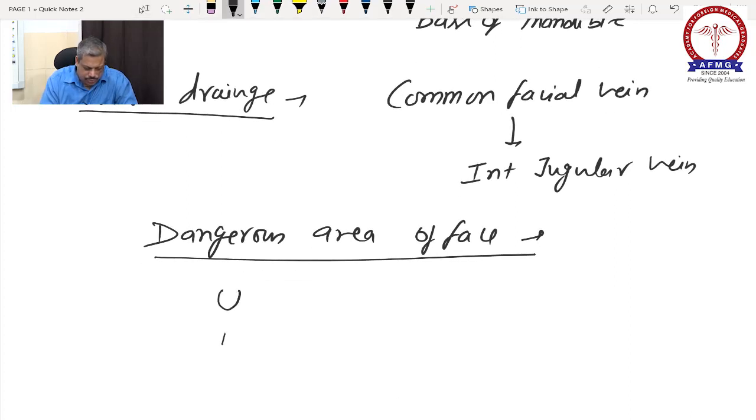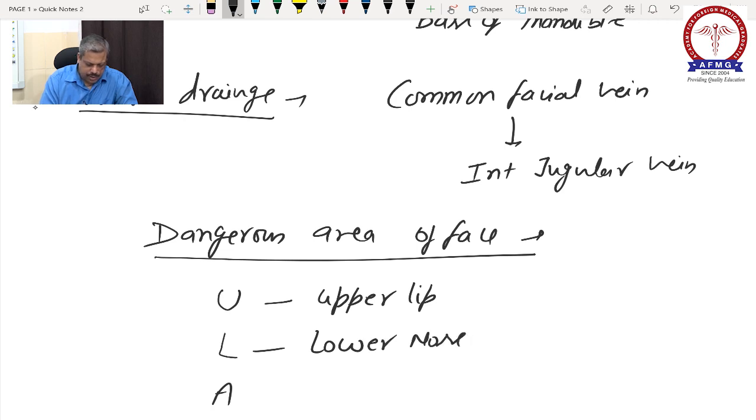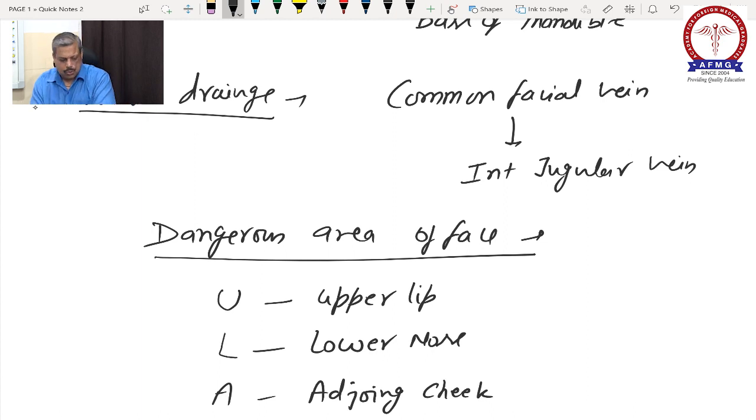It is the ULA: U means the upper lip, lower nose, and adjoining cheek. These are the dangerous area of the face.